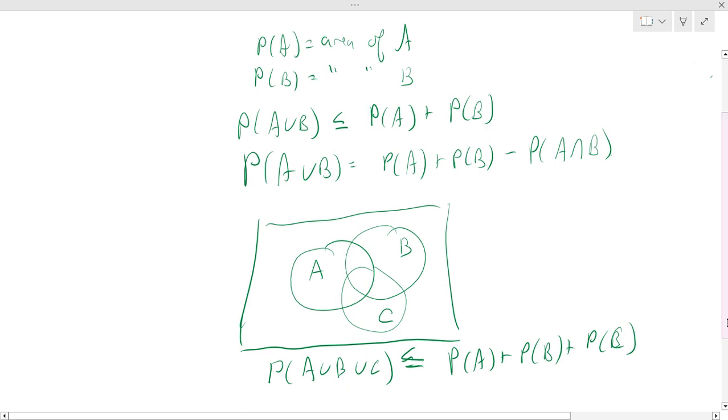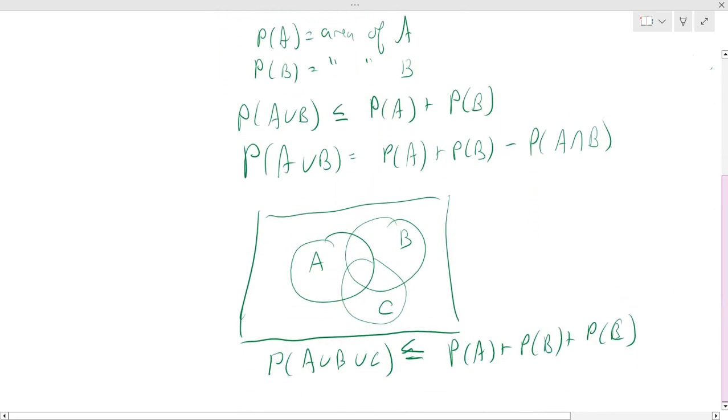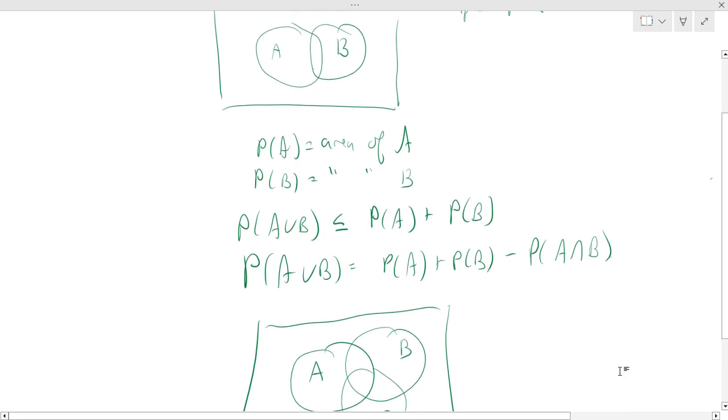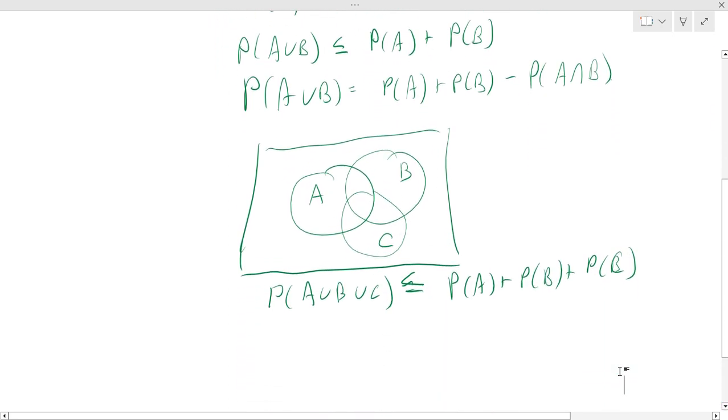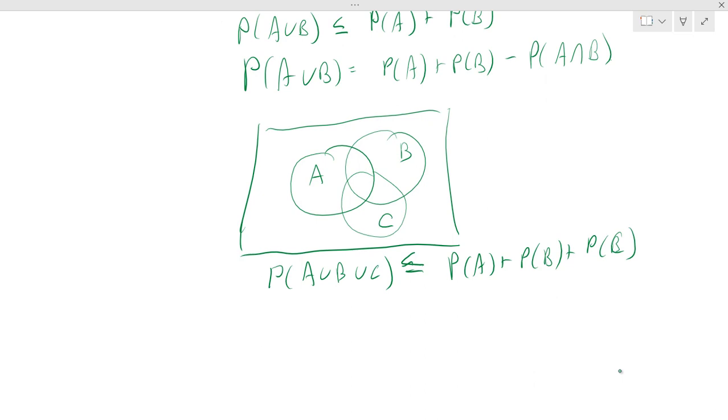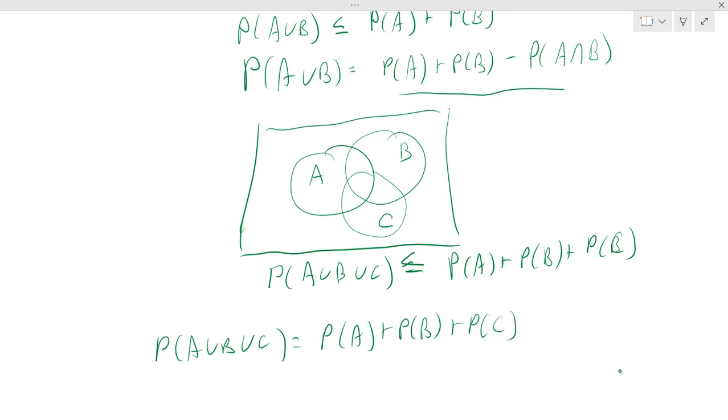Now, what I can try to do is to improve that bound by subtracting out the double counted area. The probability of A union B union C is the area here. I could take the probability of A plus probability of B plus probability of C. Now notice, to get the exact value, I had to subtract out the intersection.